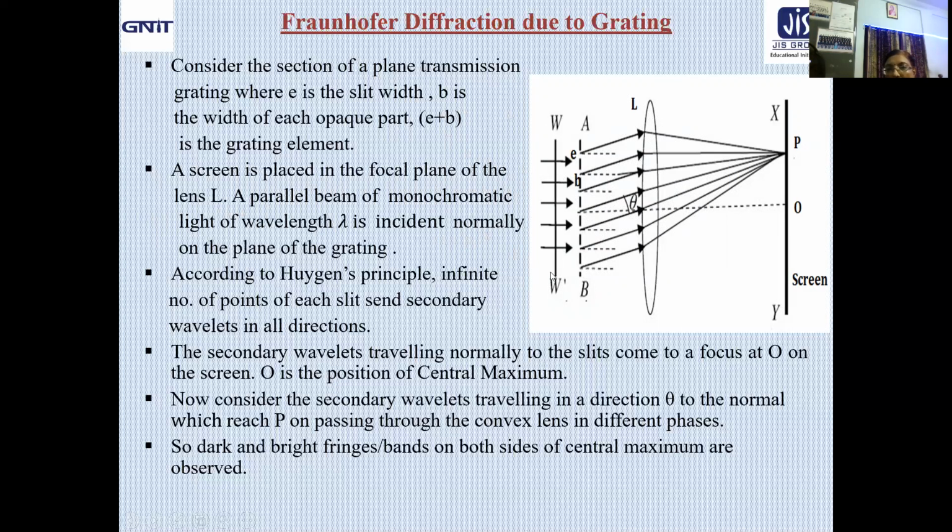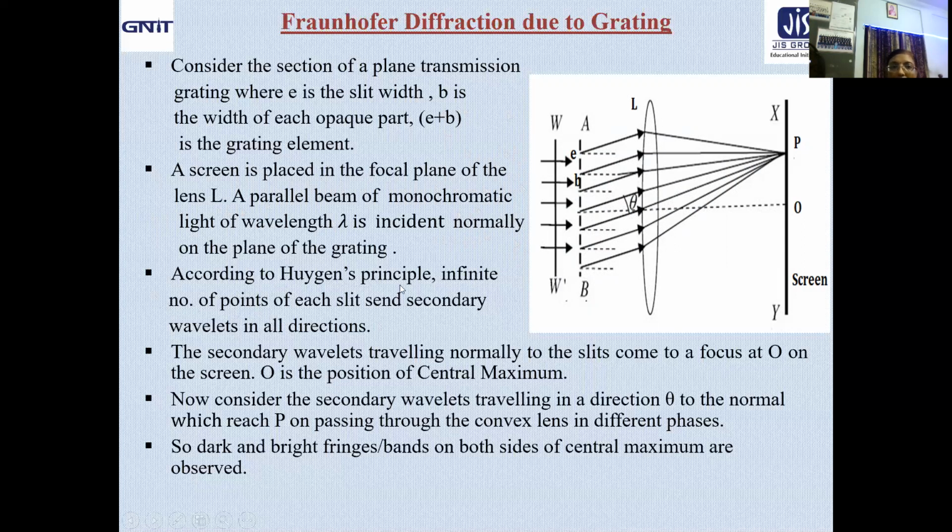That means the corresponding wavefront is a plane wavefront, because on the left side we use another lens in the focus of which we keep the monochromatic source. Naturally, the incident beam of light is parallel and the wavefront is a plane wavefront.